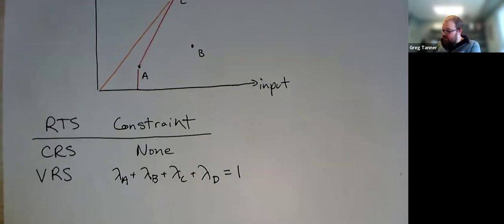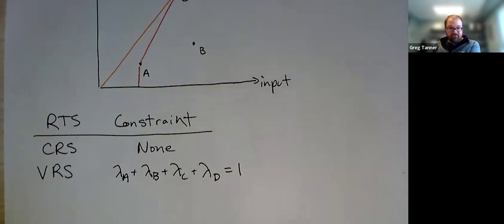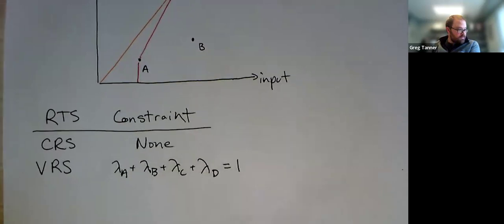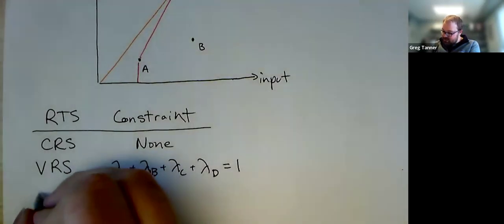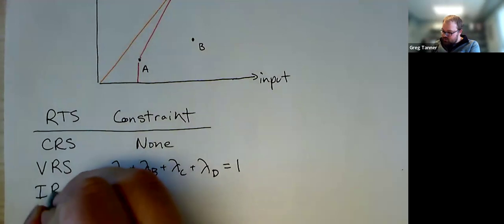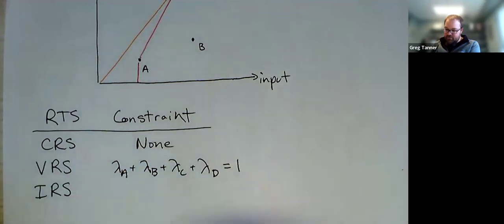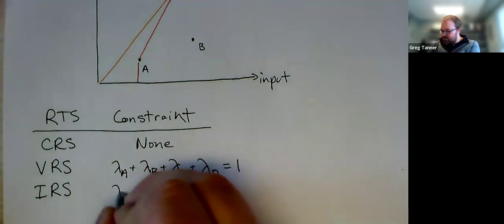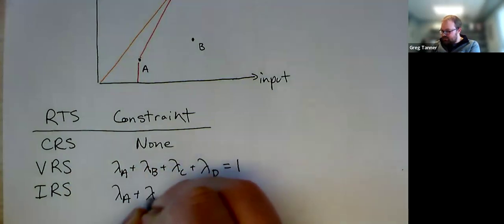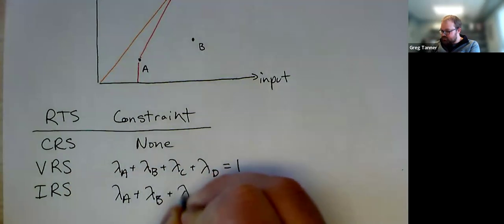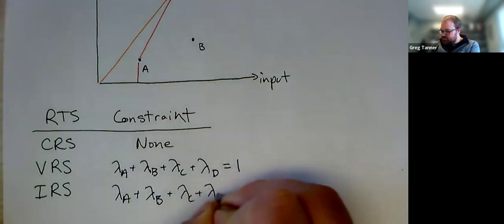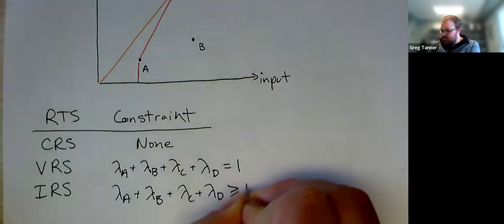Now there are a couple of other options we can have for returns to scale. We can have increasing returns to scale. This allows us to scale up but not down. And that would say that the sum of our lambdas has to be bigger than or equal to 1.